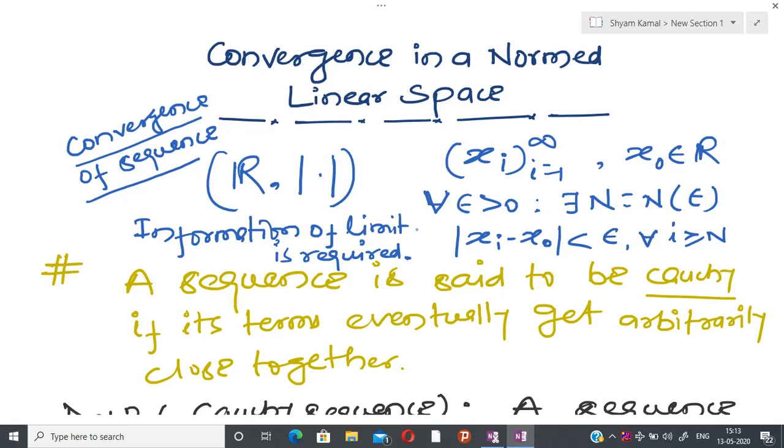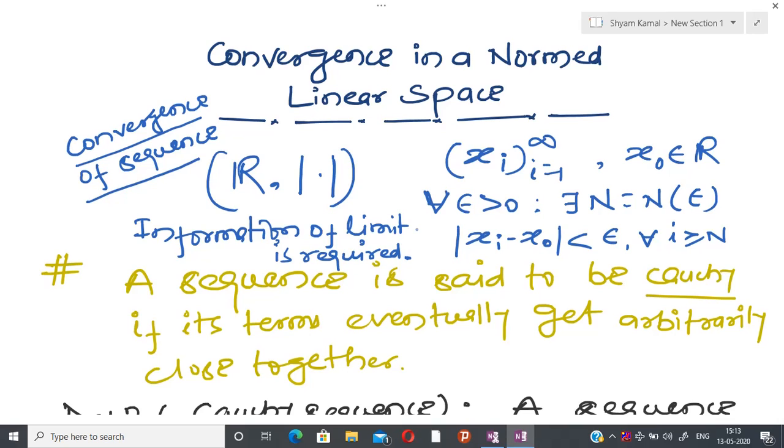Whenever we talk about convergence, we know the limit point, and we calculate the distance of each term of the sequence from that particular point. So my reference point is fixed, and from that reference point we see the distance of all terms, i equal to 1 to n, with respect to some fixed frame.